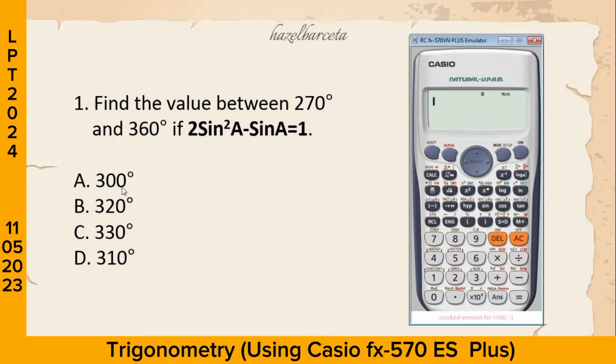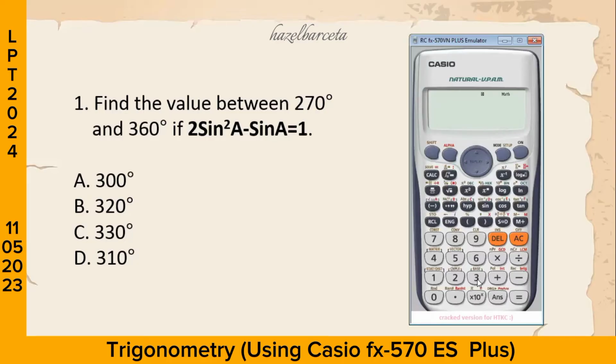So, mag-radians po ba tayo? Siyempre, hindi po. Ang gagamitin po natin dito ay degrees. So, shift mode 3 degrees. Kapag radians naman, shift mode 4 radians. So, dahil naka-degrees po tayo dito, shift mode 3.